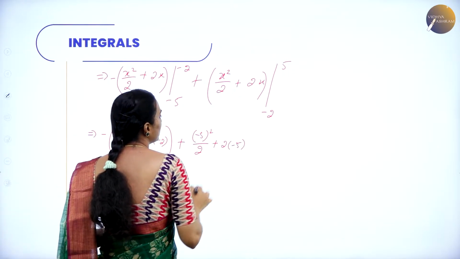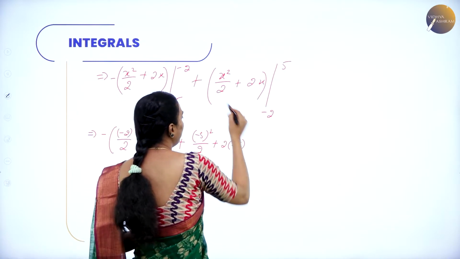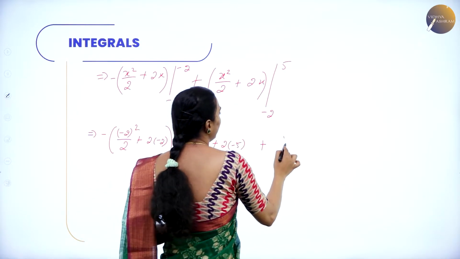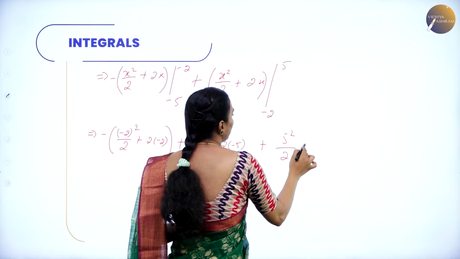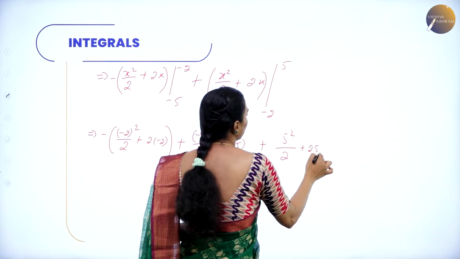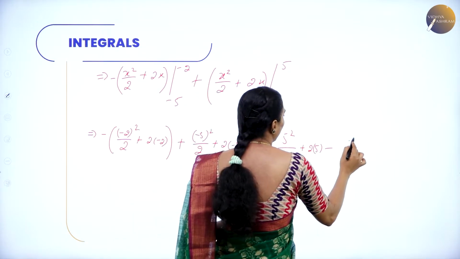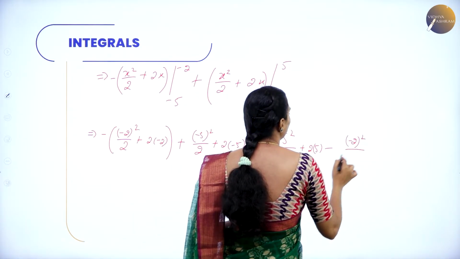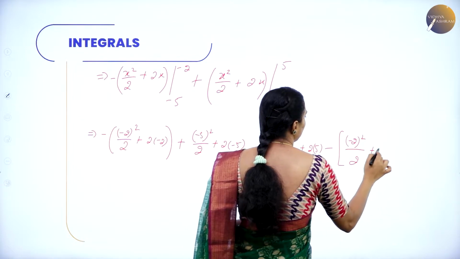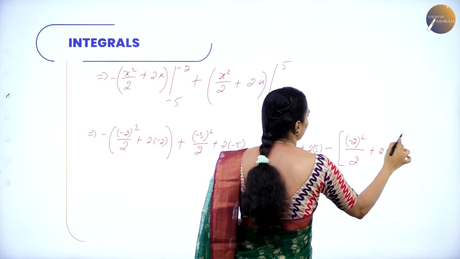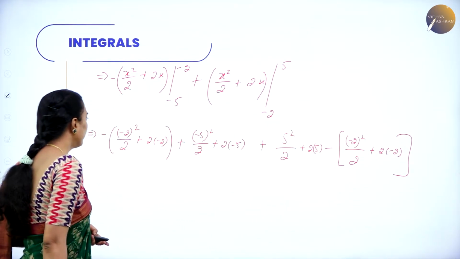You understood this one, I think. Now applying the upper limit for this one, plus 5 squared divided by 2 plus 2 into 5, correct? Again minus the lower limit: minus 2 whole square divided by 2 plus 2 into minus 2. Now close the bracket here.